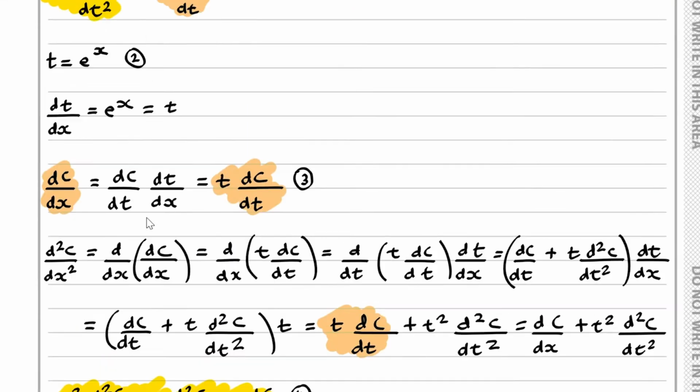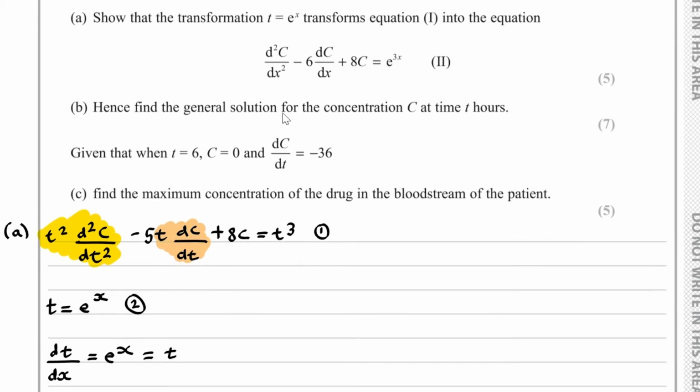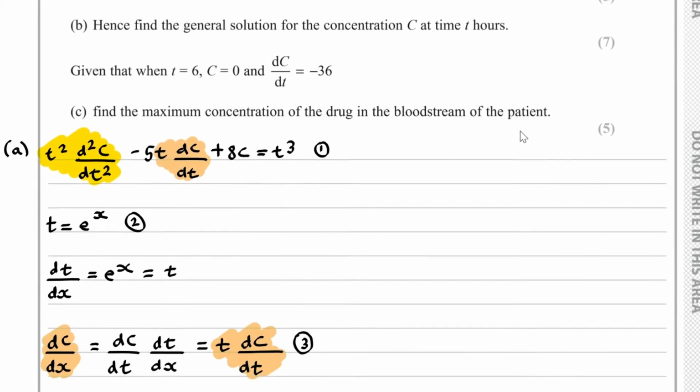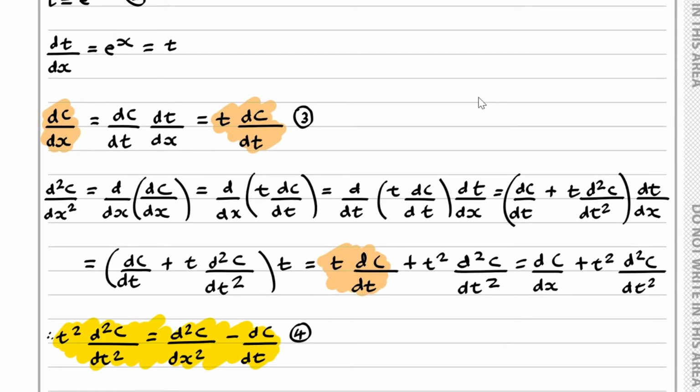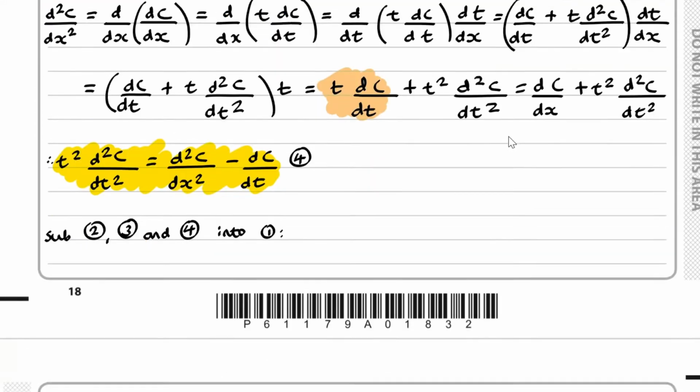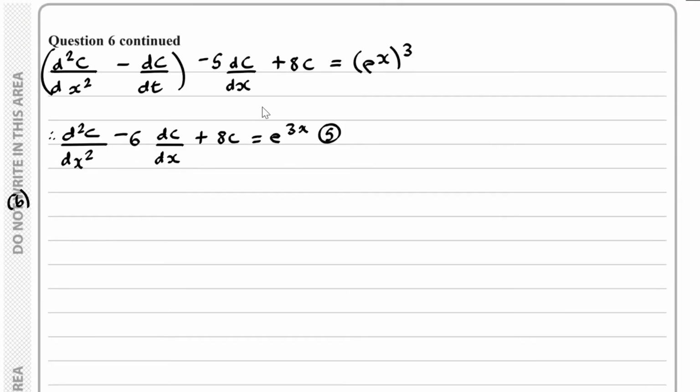Now for part B, hence find the general solution for the concentration C at time t hours. So for this, we would have to solve this second order differential equation, this non-homogeneous second order differential equation. First of all, our auxiliary equation, that would be m squared minus 6m plus 8 equals 0.